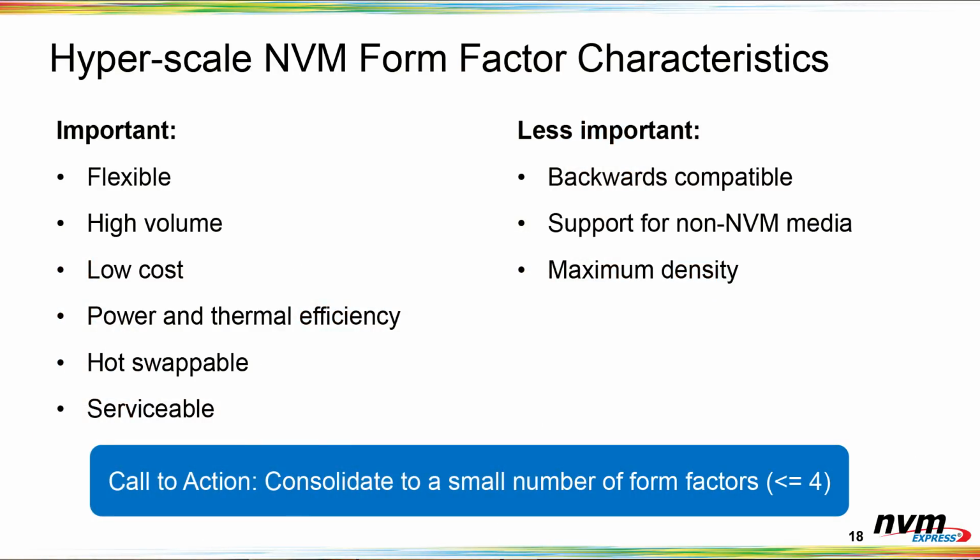So in the less important category, the first two are really around the fact that the 2.5-inch or U.2 form factor has done a great job in the past of providing some of the flexibility that I touched on, in that you could plug in an NVMe device or a hard drive, and you have a common set of slots that work for that.